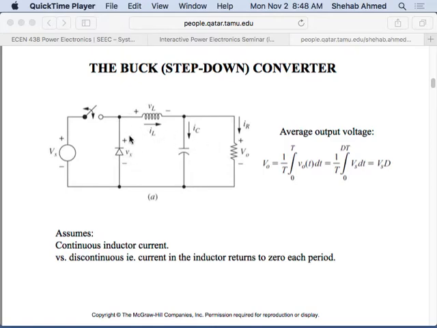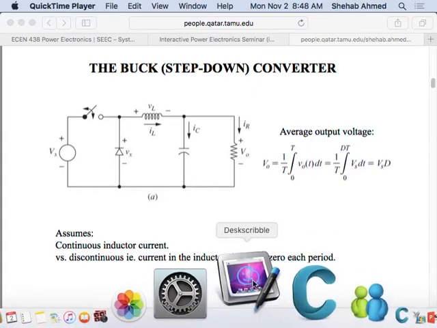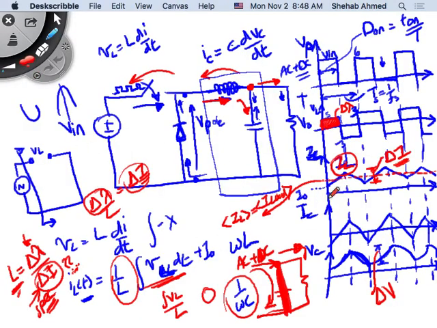So I have a waveform here with an AC plus DC. This has an average value of a certain value, and this is what's going to go through my filtering element. One thing I want to note here is my inductor current waveform. Does it ever touch zero? It never touches zero in this case.